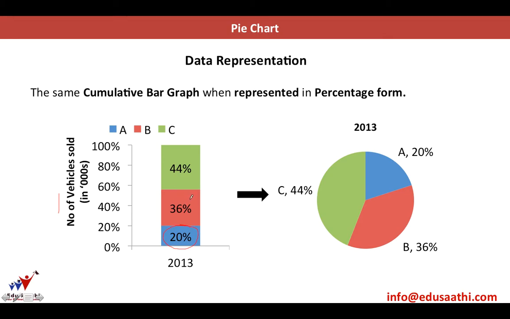The sales of product B was 36% of the total sales, and product C was 44% of the total sales in the year 2013. Again, this can be represented in the form of a pie. The only thing we need to worry about here is again these angles X, Y, and Z. Let's move on to the next slide and discuss how we find out these angles.